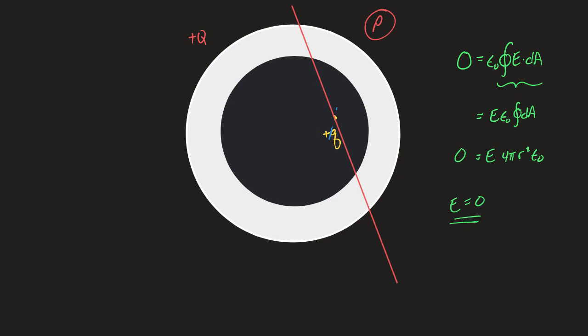Yes? Is there any particular reason that it's an insulator and not a conductor? Yes, and I did that purposefully because with an insulator, those charged particles have to stay where they're placed. If I was to talk about this with a conductor, I have to be more careful about a conductor.